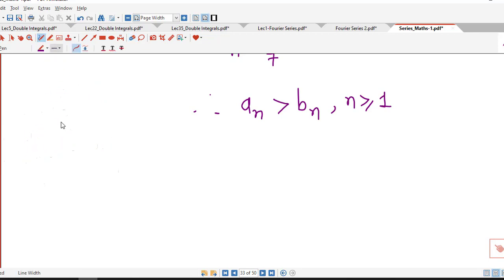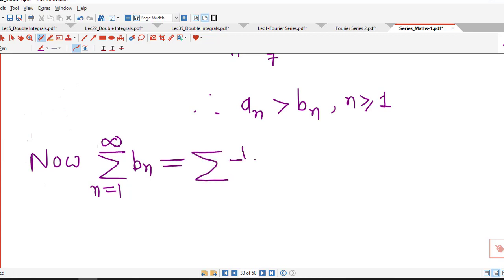So now we mention that sigma bn, where n equal to 1 to infinity, equal to sigma 1 by n, is divergent.